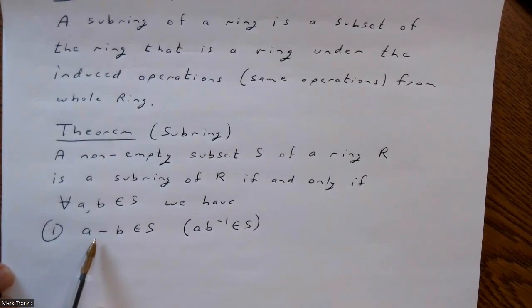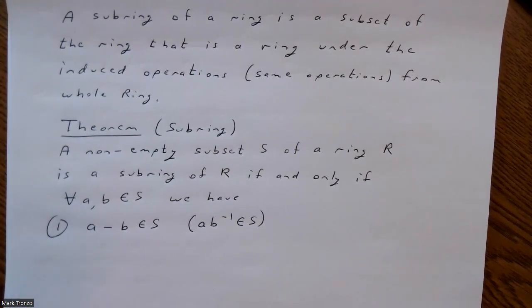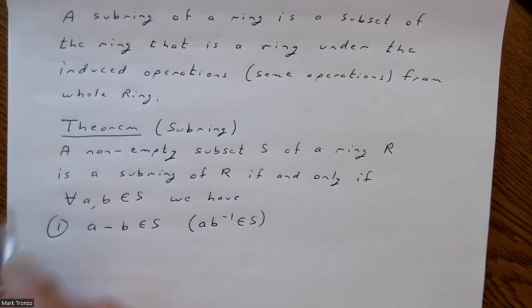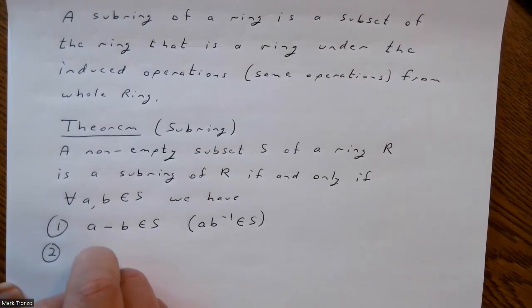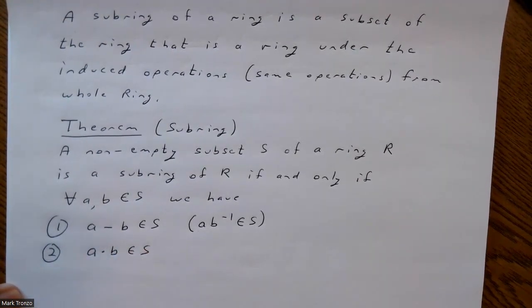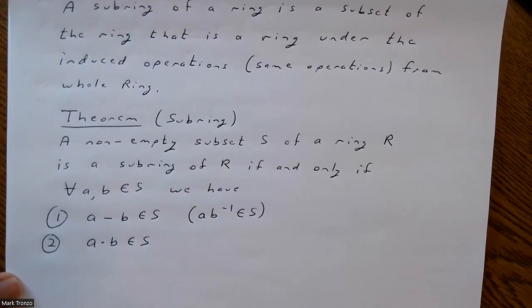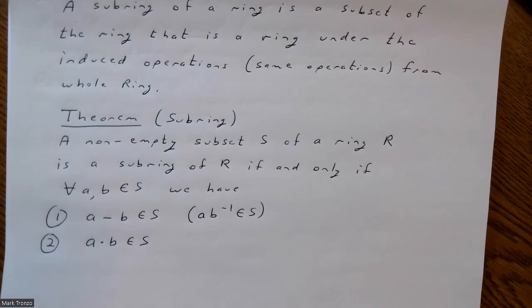A lot of times they write it this way because they kind of call the first operation multiplication. So they're saying like A plus the inverse of B, they'll say it maybe this way, or you can say it this way, is in S. And then under the second operation, AB is in S. Amazingly, again, it'll be a subring if these things are true.